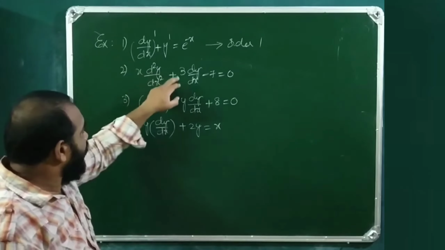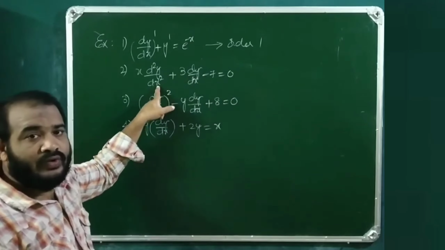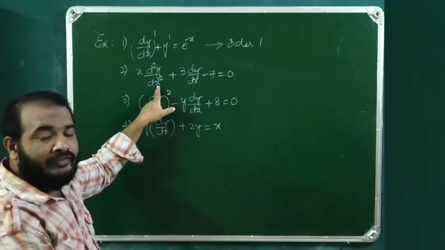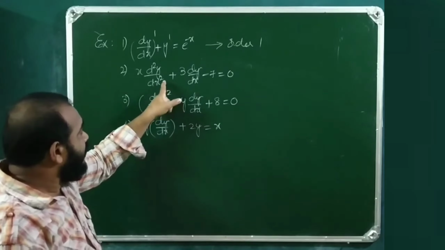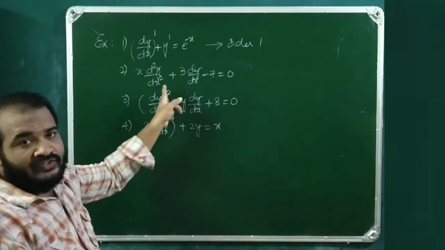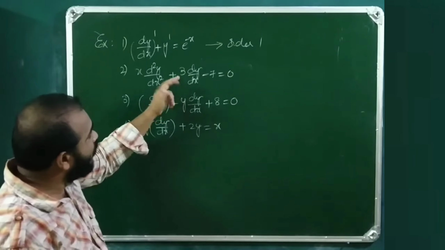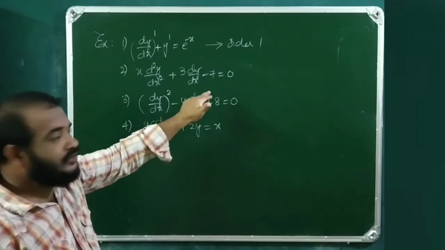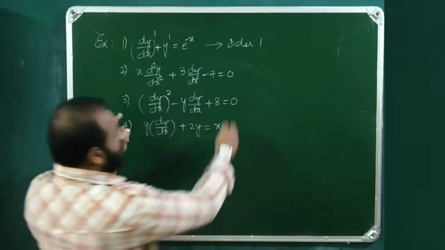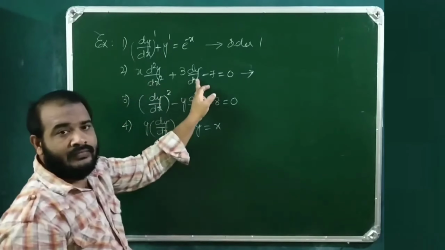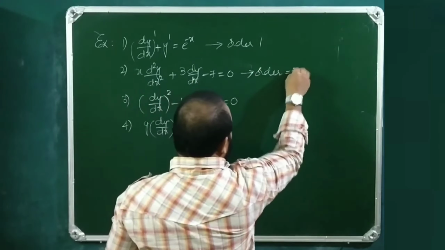So, y is the dependent variable, dy/dx and d²y/dx² are its differential coefficients, in other words, derivatives. And y and dy/dx or d²y/dx² are not multiplied together. Therefore, this is also a linear differential equation. This is the first order derivative and this is the second order derivative, so the order here is equal to 2.